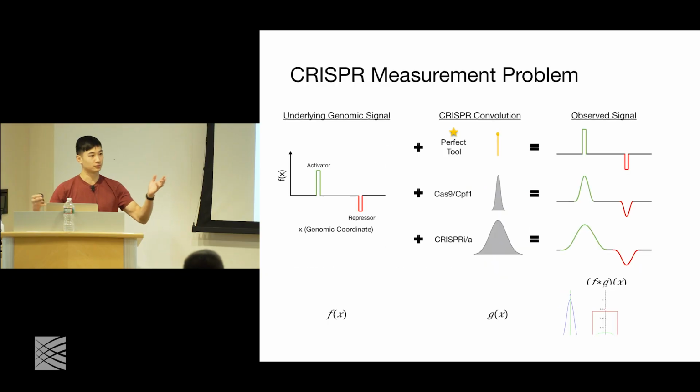So if we think of a guide RNA as a sensor on the genome, it is simply describing that I've put a sensor here, whether or not there's a regulatory element. This is the set of bases and the proportion of edits in the population for that particular guide RNA.